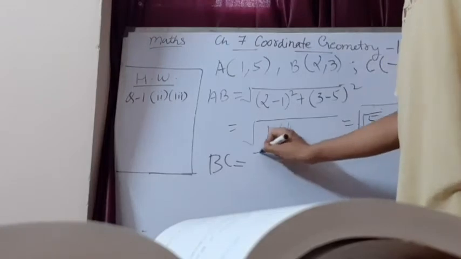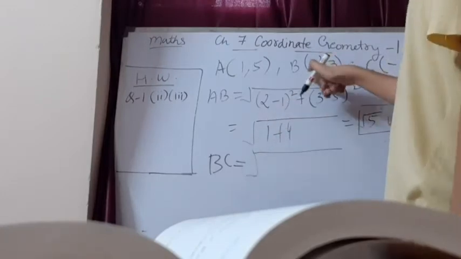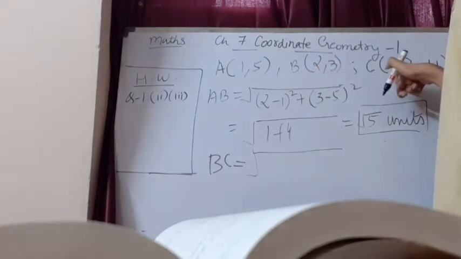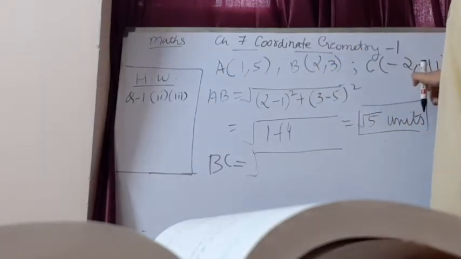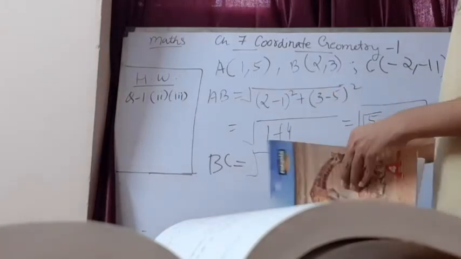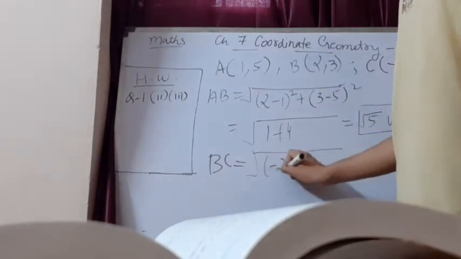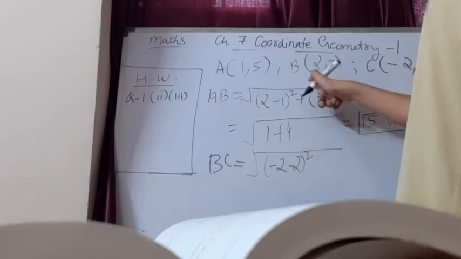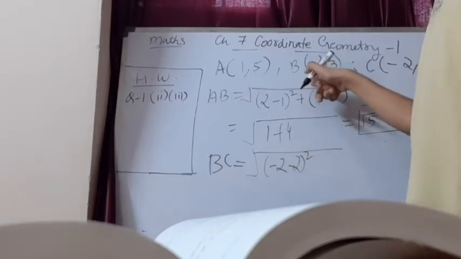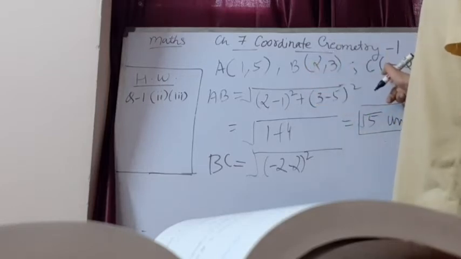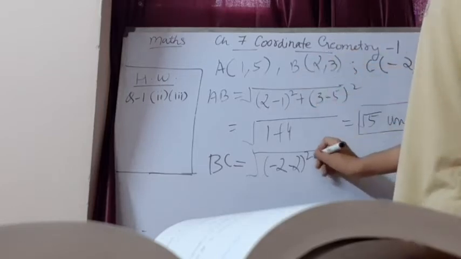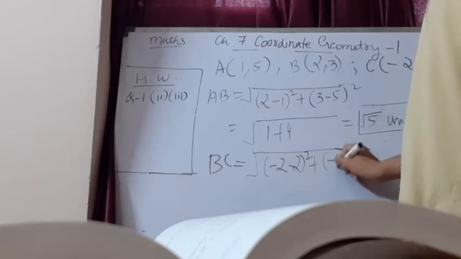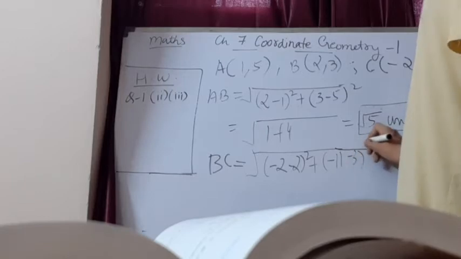If we want to find the distance BC, then this will be x1, y1, x2, y2. Clear? So how are we going to do it? It is -2 whole square, because it is x2 minus x1. So this is your x2, this is x1, plus y2 minus y1 whole square. y2 is minus 11 minus 3 whole square.